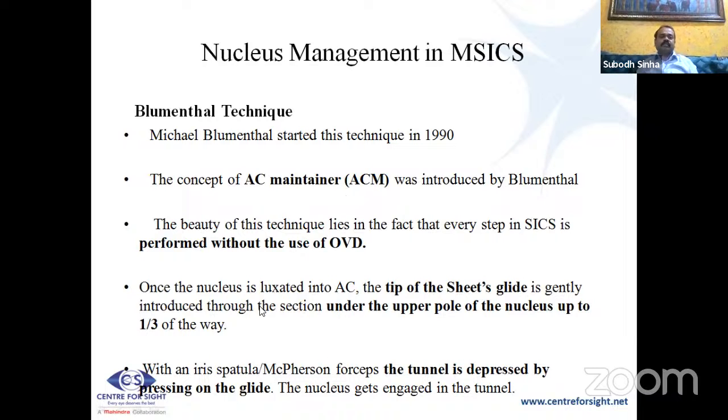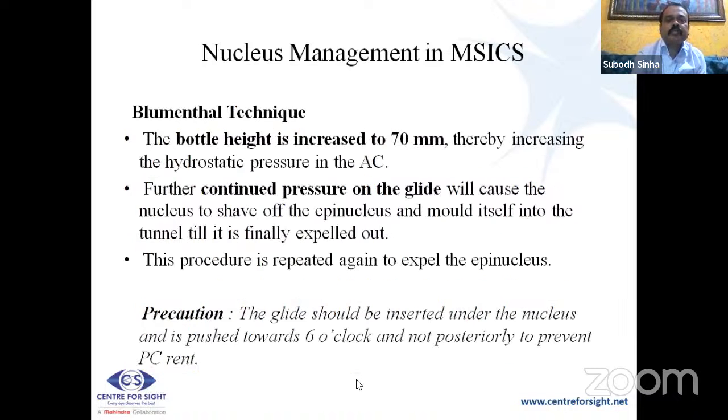So once you have subluxated the lens into the anterior chamber, you introduce a sheet glide below the upper pole of the nucleus up to one third of the way. Then start pressing the glide and the nucleus is engaged in the tunnel.